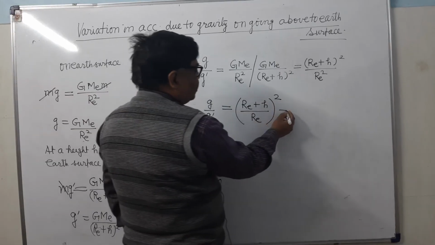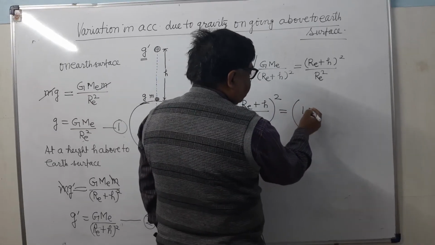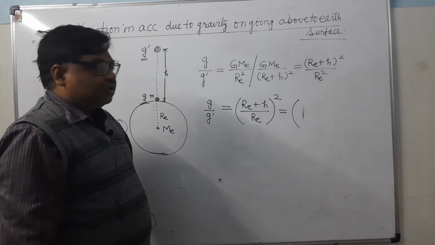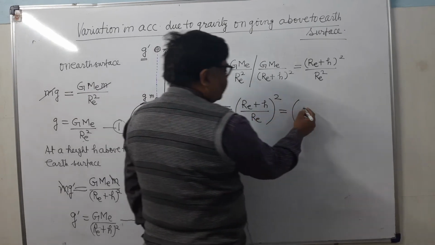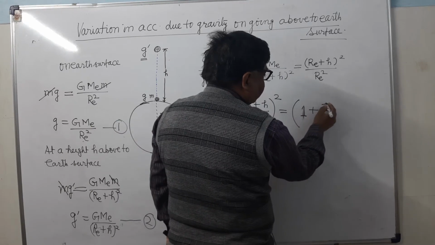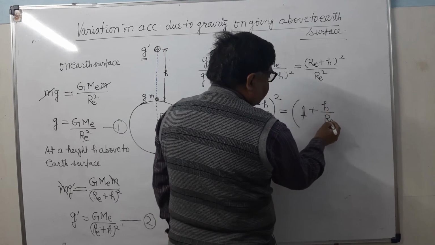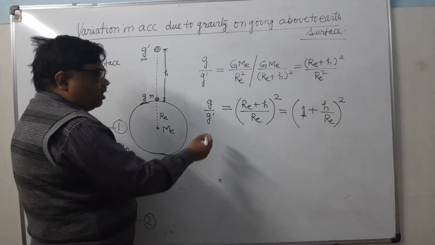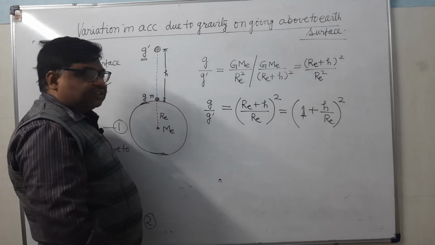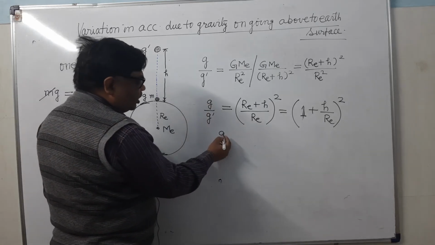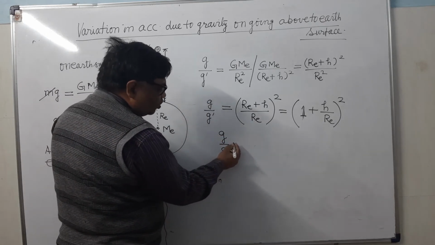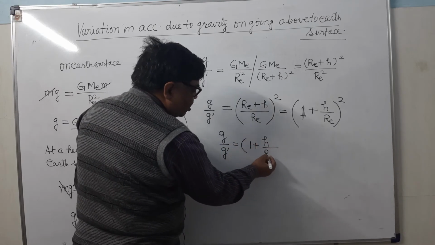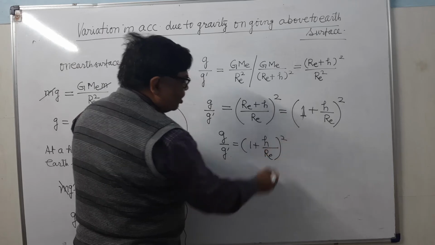Now on separating the terms, it will be Re upon Re, Re upon Re will be equal to 1, plus h upon Re. So it will be (1 plus h upon Re) whole square. So g upon g dash equals (1 plus h upon Re) whole square.